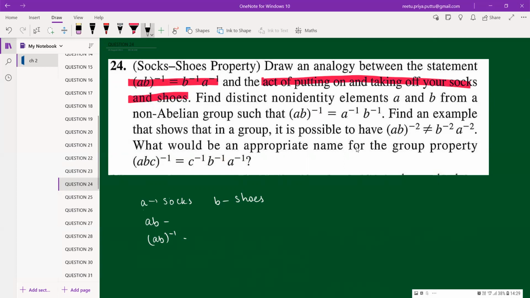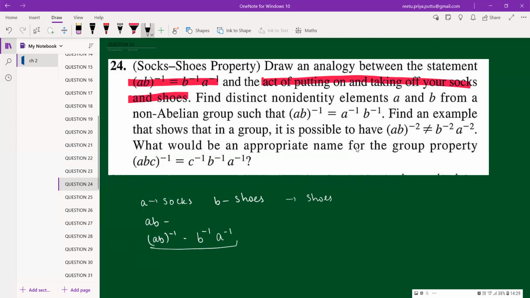What do you do first for undoing the work that you have done? First of all, you remove your shoes. So basically you invert the work of the shoe that you have put, and then you remove your socks. Without removing shoes, you cannot remove your socks. So then you remove your socks, and that means A inverse.